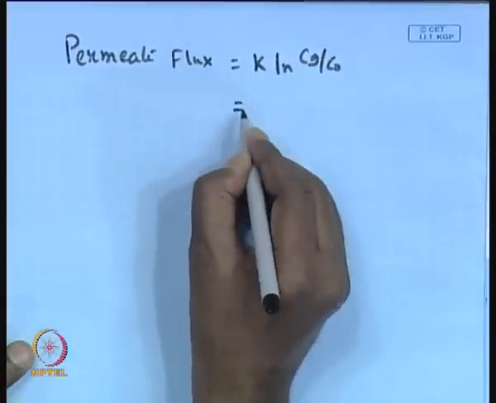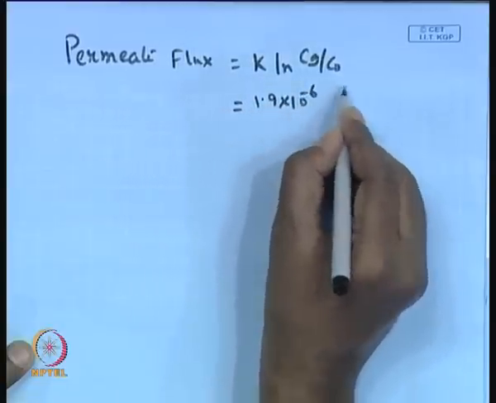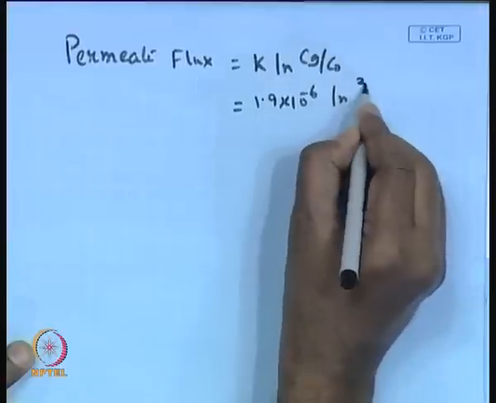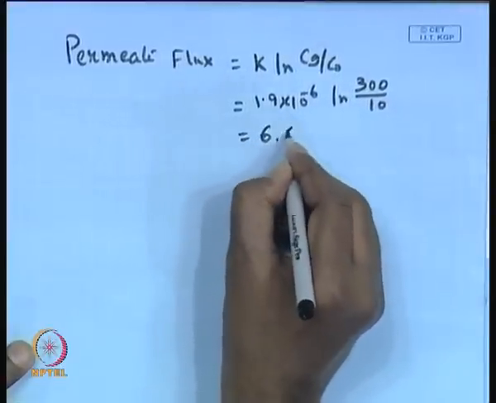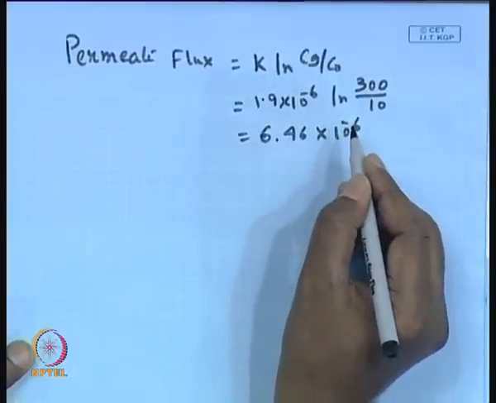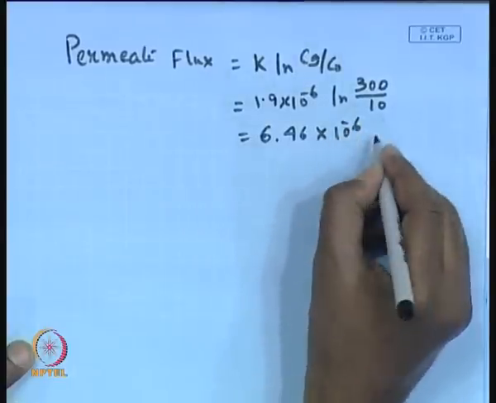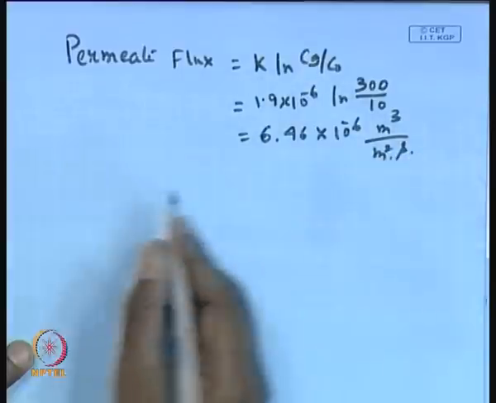So, this turns out to be 1.9 into 10 to the minus 6 ln 300 by 10, and it is 6.46 into 10 to the power minus 6 meter cube per meter square second.